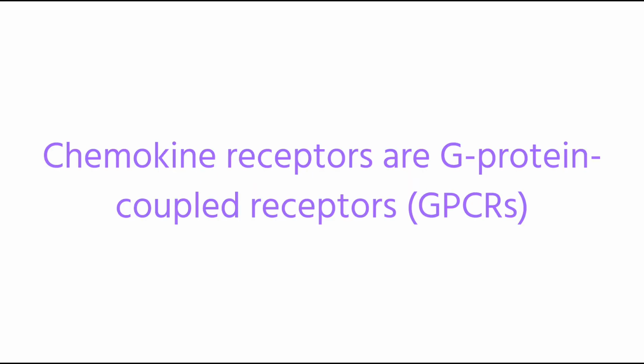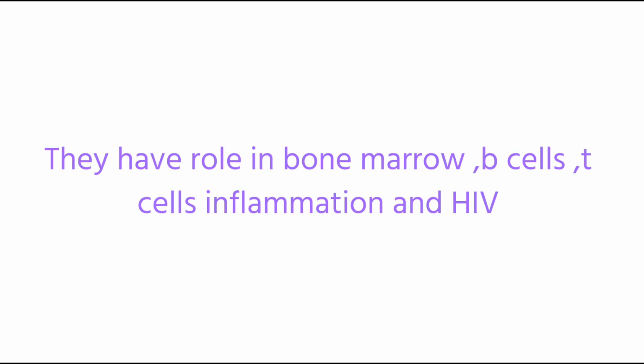Chemokine receptors are GPCRs, that is G protein coupled receptors, that direct immune cell trafficking. The ligands and their roles are given: the receptors and ligands have roles in T cells, B cells, bone marrow, inflammation and HIV entry.